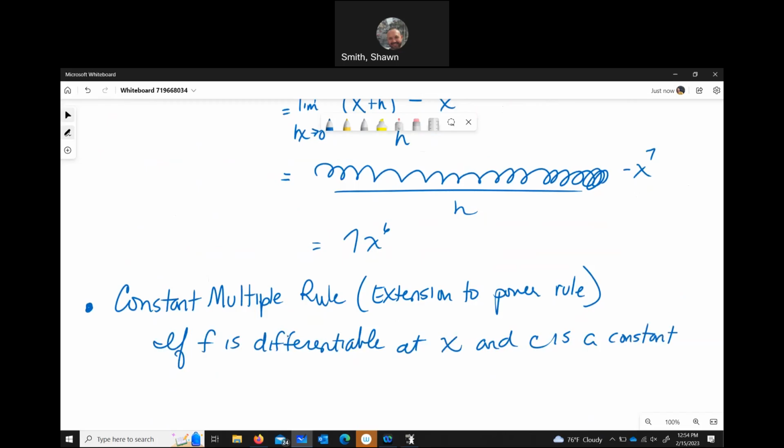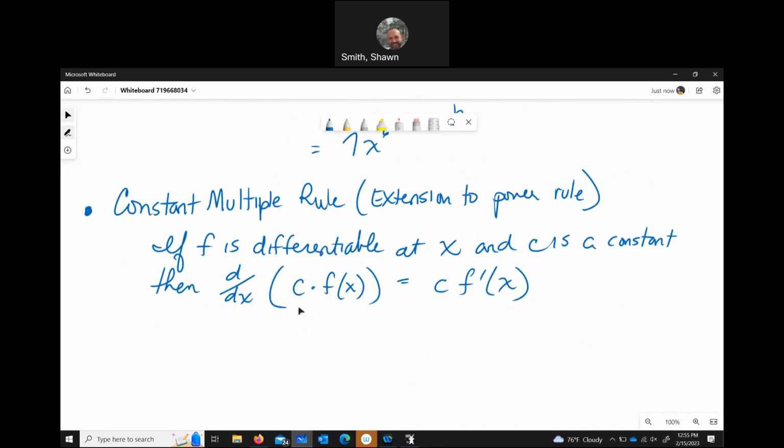then the derivative, so d over dx of some constant times the function is the constant times f prime of x. It's just a formal notation for it, so you'll see it much clearer with an example with numbers.